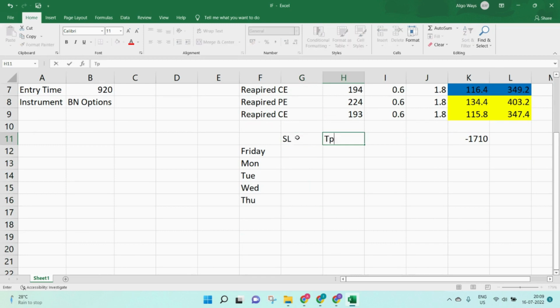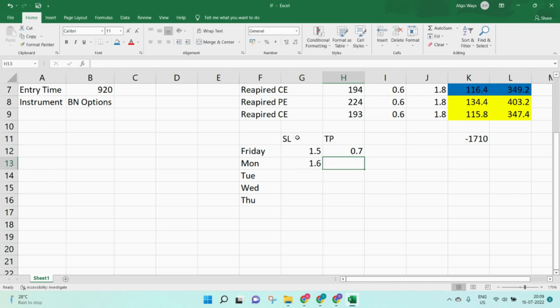This SL and TP is applicable for the sold legs. These will be the levels where we will exit that particular leg and re-enter on ATM again. So on Friday we keep an SL of 1.5, that is 50%, and a target of 0.7. When the premium comes to 0.7, we exit.